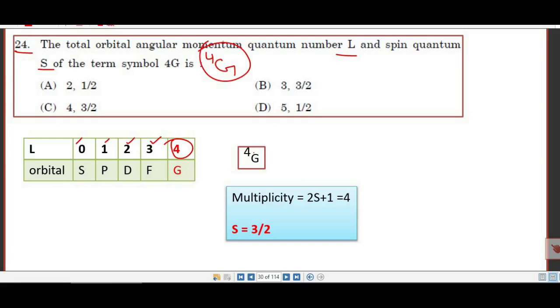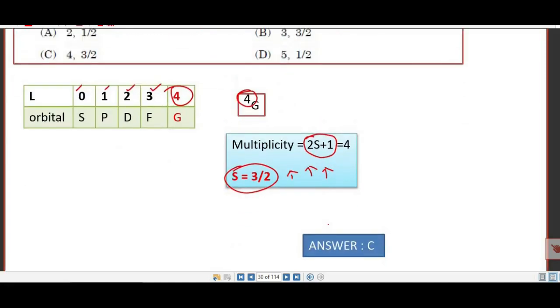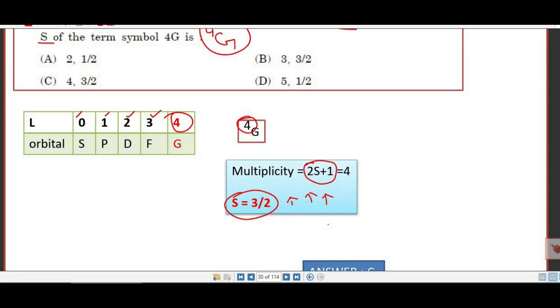The multiplicity 2S plus 1 is equal to 4, so S is equal to 3 by 2, which means it has 3 unpaired electrons. So option C is correct: L equal to 4, S equal to 3 by 2.